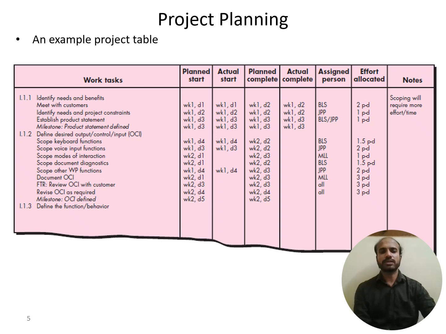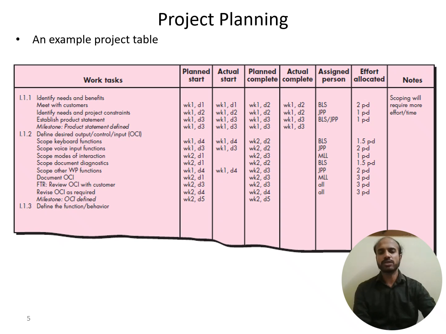Then the next task is about defining the desired output and control input. The subtask is about the scope documentation. Then another set of tasks is about defining the function. For each of these, you can see the planned start and actual start. That is, what exactly did they plan for a particular date or week, and what exactly happened. Were they able to really do it on a real-time basis?